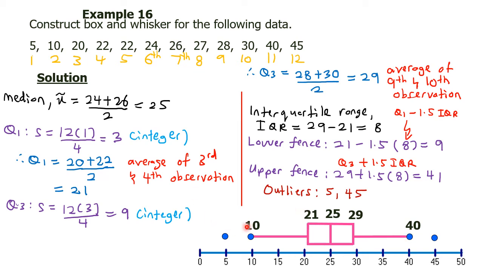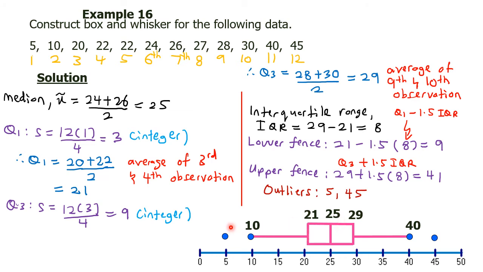As you can see here, 10 is actually the minimum value just before the lower fence, and the same for 40, the value just before the upper fence. So 10 and 40 will be the minimum and maximum values before the fences.